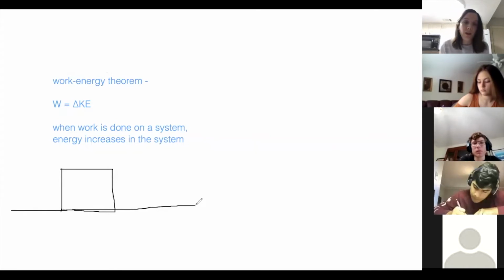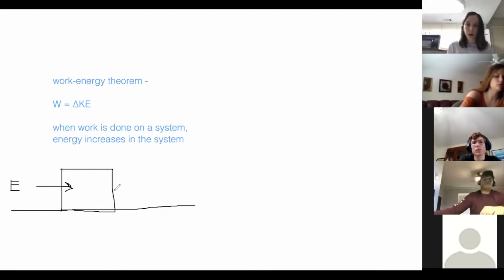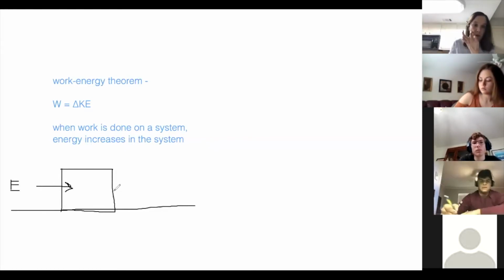So if you have a box, for example, right here, and you're pushing the box, so you are applying energy into the box. And whatever energy you give into the box, you've lost from your body and from the surroundings. And it's always the same amount.